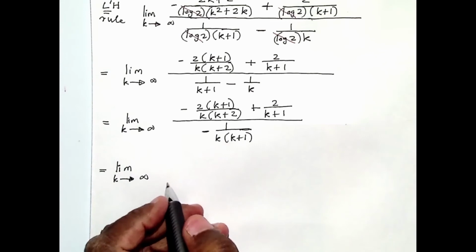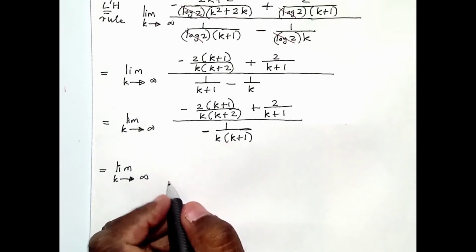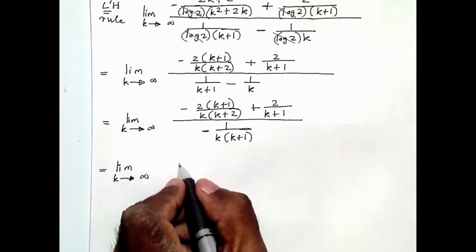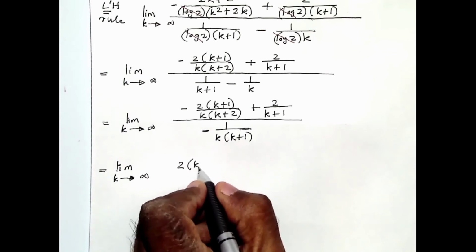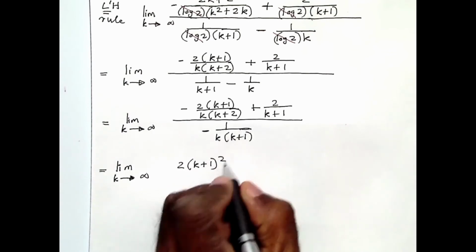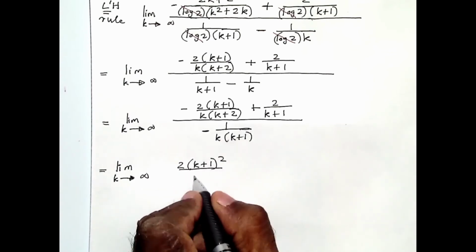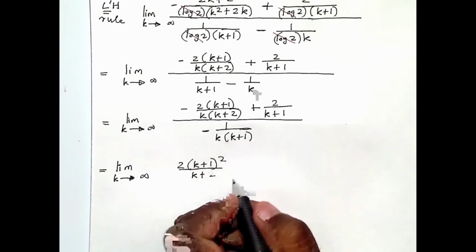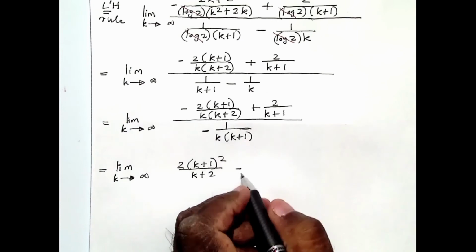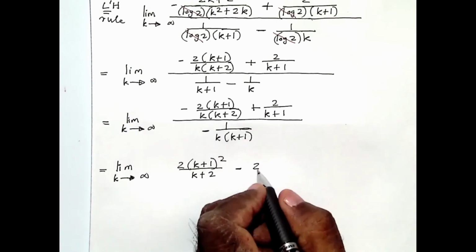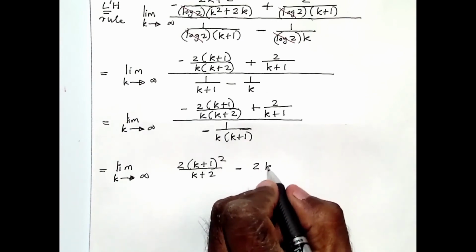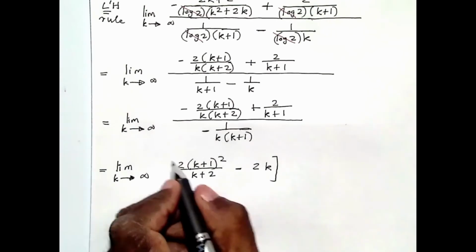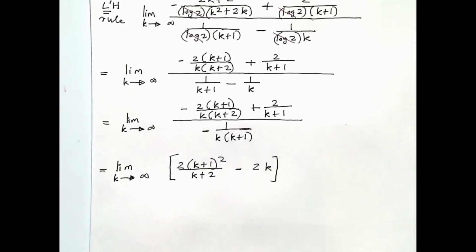So you get the following. You get 2 k plus 1 squared divided by k plus 2, and then you get minus 2k. All right? This is what you get.